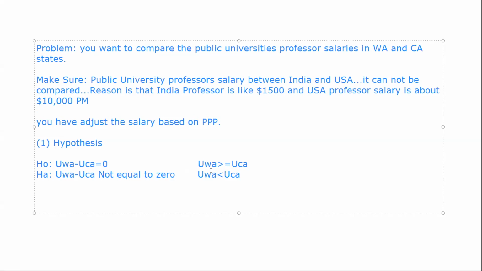So this is the second set of hypotheses. And the third set of hypotheses could be reversed: the null is University of Washington is less than or equal to University of California, and the alternative HA is University of Washington is more than University of California.